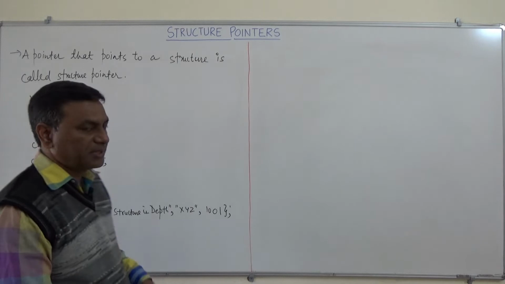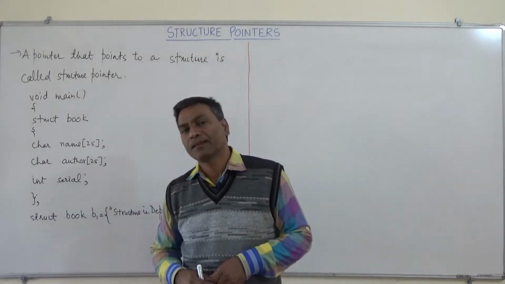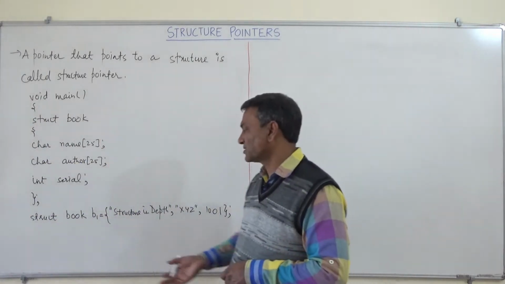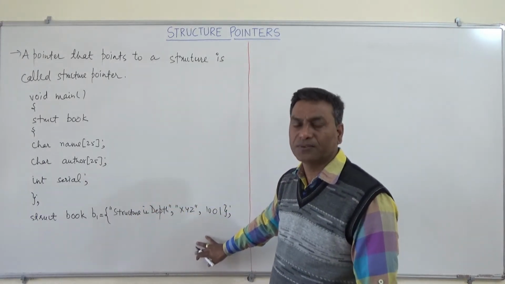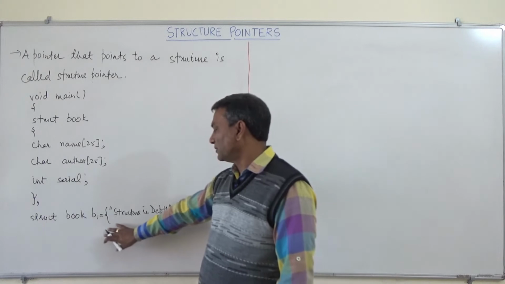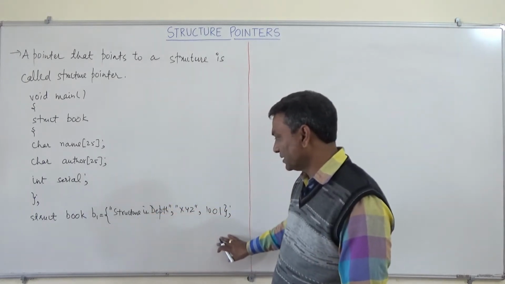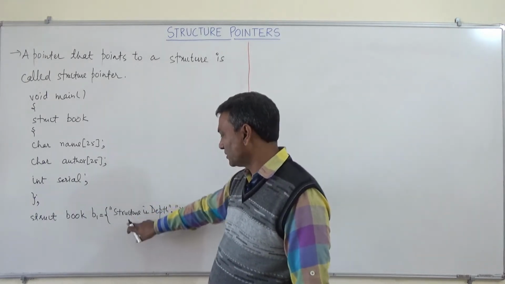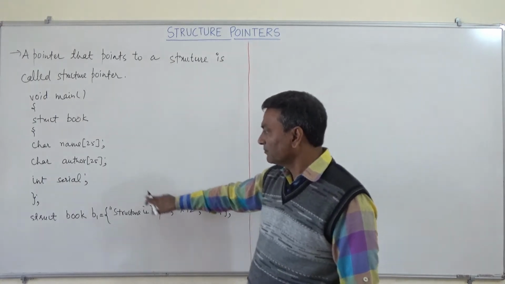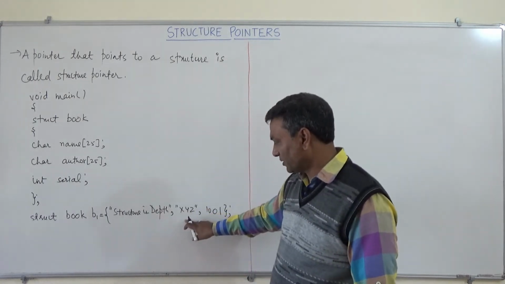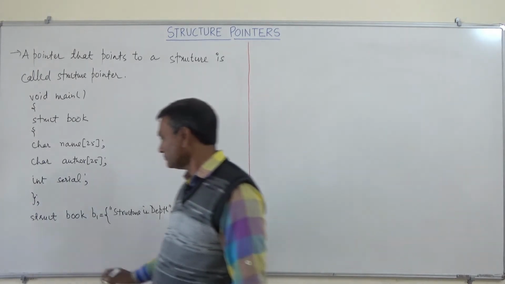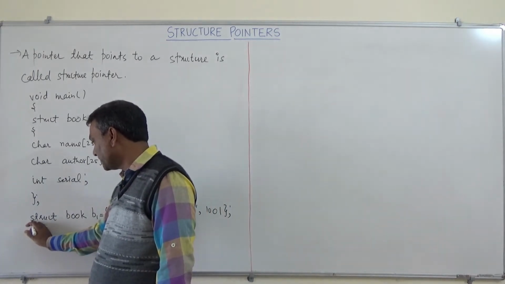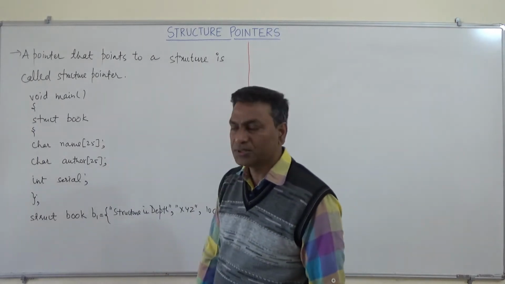This is also a way by which we can give values to a structure variable. Here we are not entering the values from the keyboard, rather we are giving the values here. So this is the name of the book, Structure in Depth, this is the name of the author, XYZ, and the serial number. So this b1 will contain these three values.